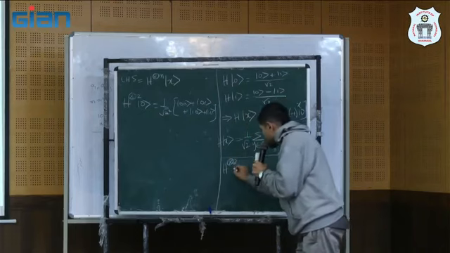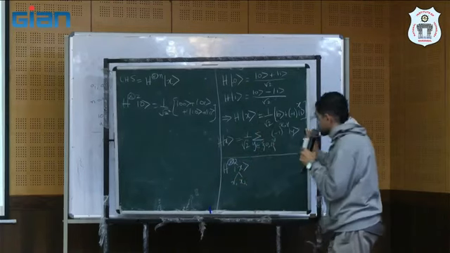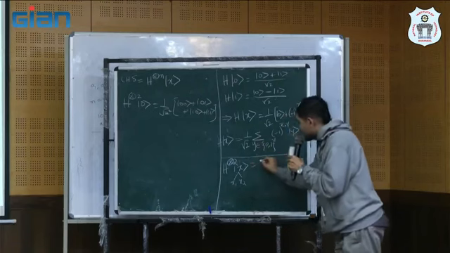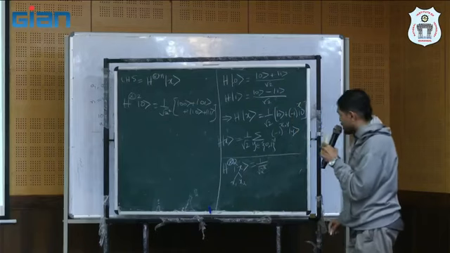We have 2 Hadamard gates, 1 for each bit, x1, x2. Then of course we will have 1 by root 2, so it will be 1 by root 2 squared.